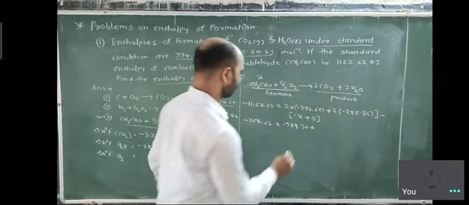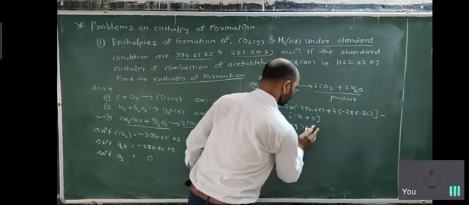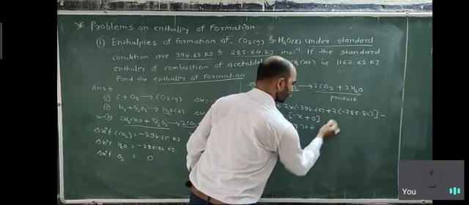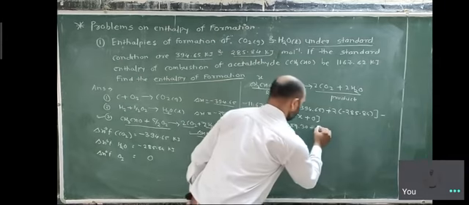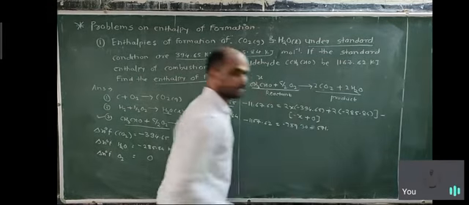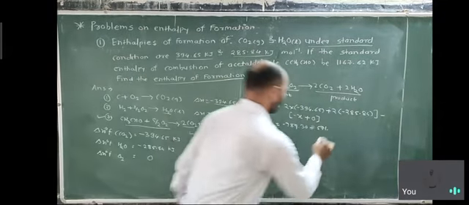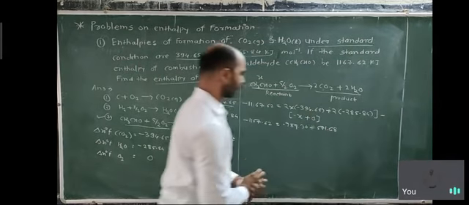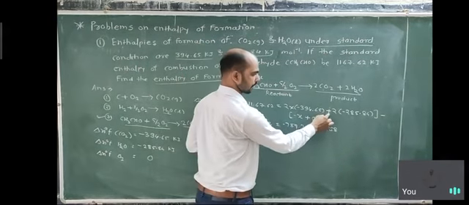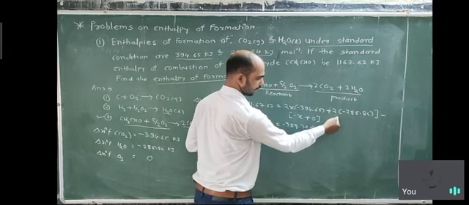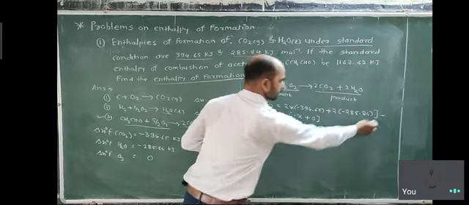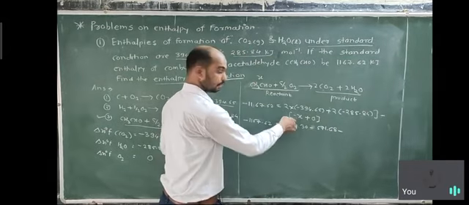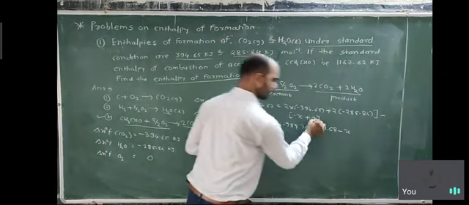Here the value is minus, so the sign is minus, and the answer is minus 571.68. Here is a positive sign but the value is minus, so we use plus minus, which gives a minus sign, minus X, and O2 is 0.